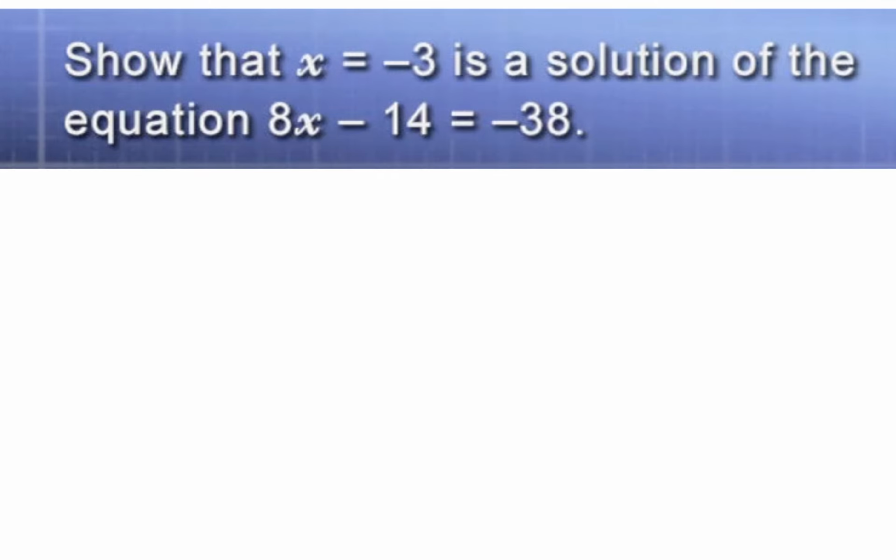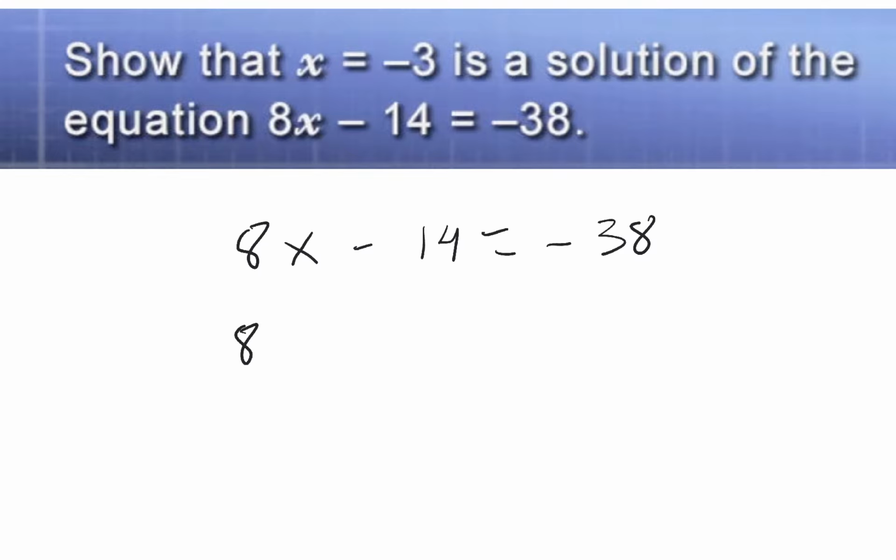Now it says, show that x equals minus 3 is a solution of this equation. The equation is 8 times x minus 14 equals minus 38. So it says to prove that x equals minus 3 will make this equation a true statement.